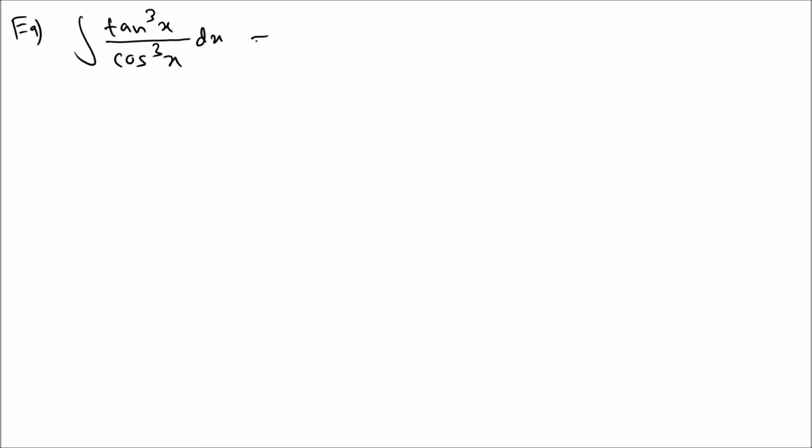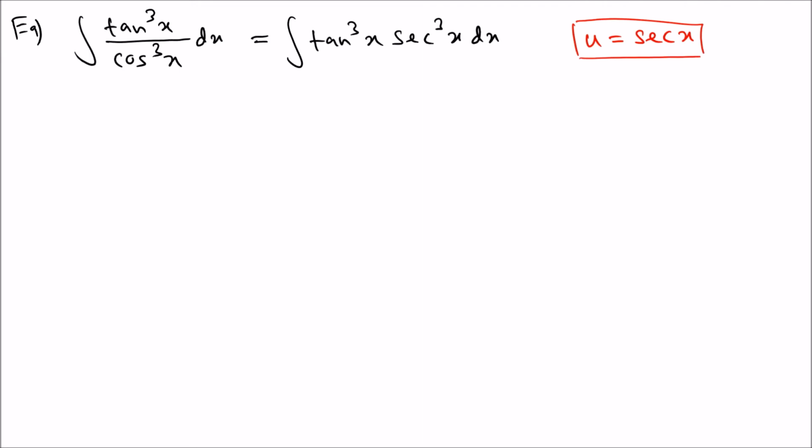Just to show you one technique, we can write this as tan cube x, and then the cosine means it is secant x, dx. Now you can see that the tan has an odd power, so we can do this problem using one of the common tricks, that is u equals secant x. That you can try. That's one technique, but we're going to do it in a different way.